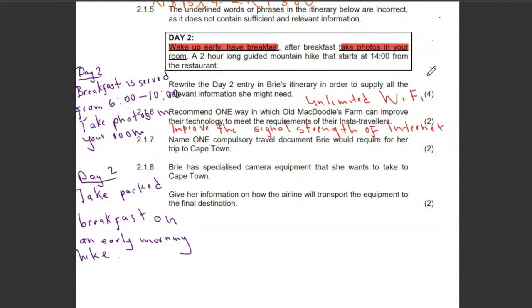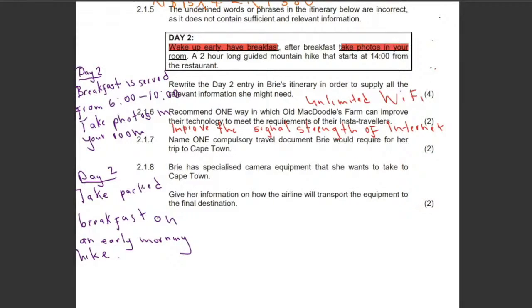Why are we choosing these two answers? The reason is that our client is an influencer, actively involved on the social media platforms, so she needs to be connected to Wi-Fi, and also she needs a very, very good signal all the time.